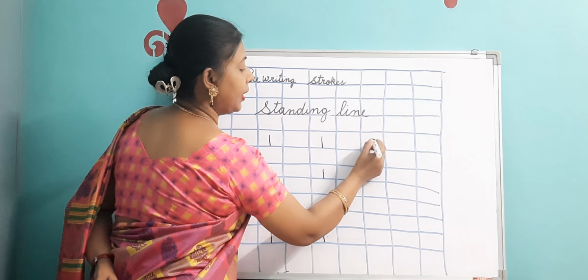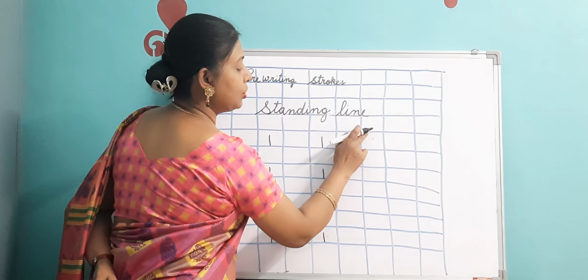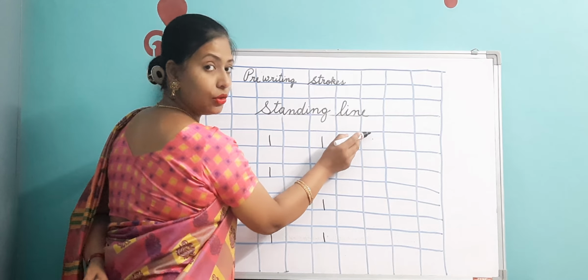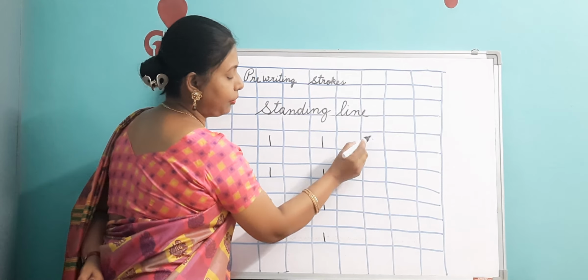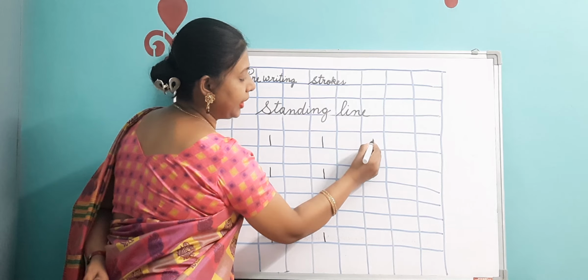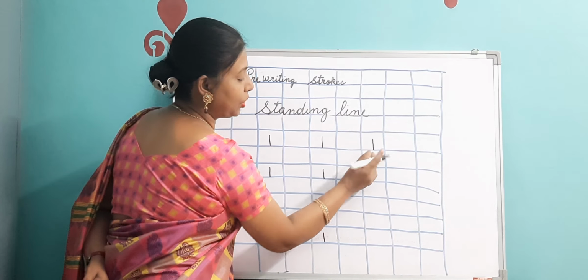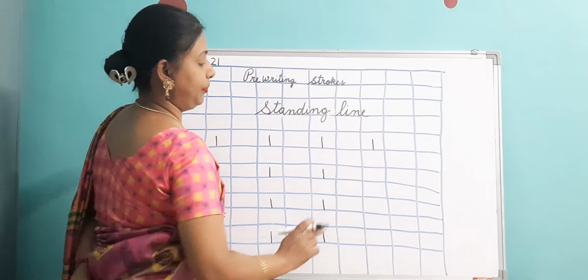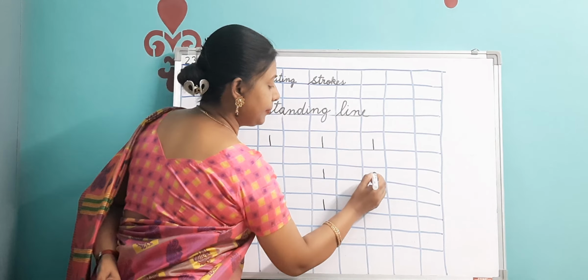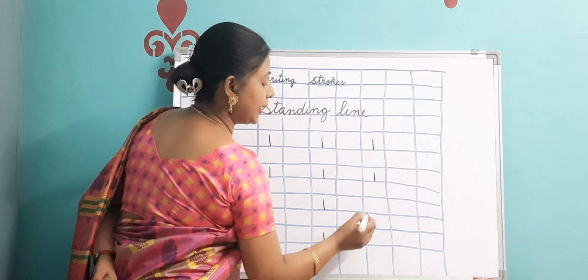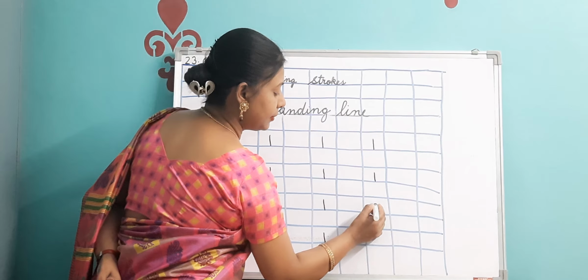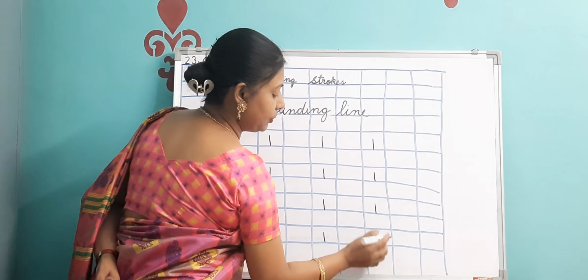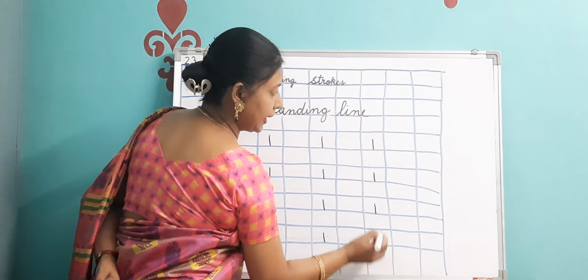Again from the center, don't start from the top. Don't start from here. Start from the center and draw a straight line till the bottom line and stop. Again leave one square, standing line. Leave one square, standing line.